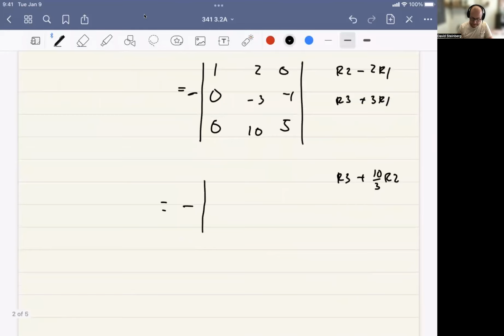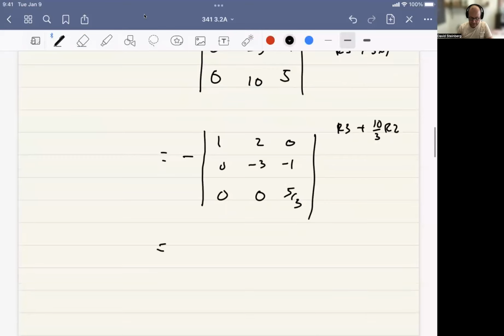Okay, so then finally we get our first row unchanged, our second row unchanged, and our third row really not so bad at the end. And now this whole thing is equal to negative 1 times the product of the diagonal entries, which is equal to 5.